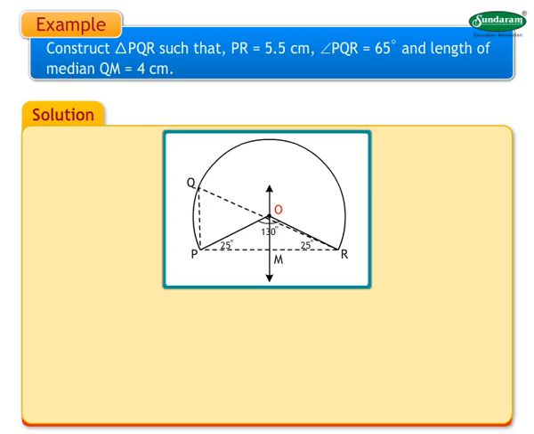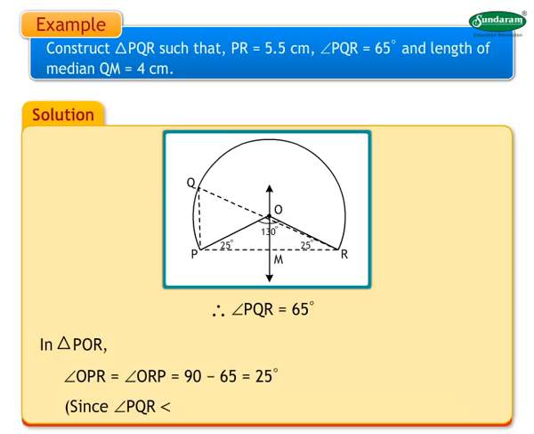Let O be the center of the circle. It is given that angle PQR is equal to 65 degrees. Since angle PQR is less than 90 degrees and triangle POR is an isosceles triangle, therefore, in triangle POR, angle OPR is equal to angle ORP is equal to 90 minus 65 is equal to 25 degrees.